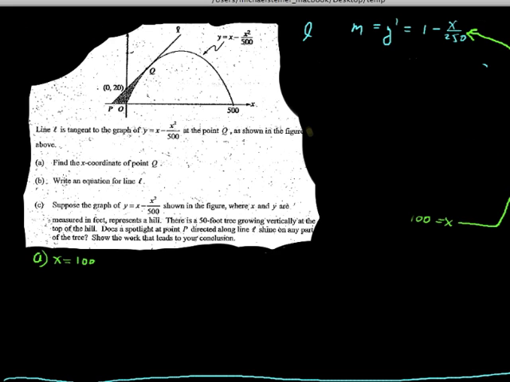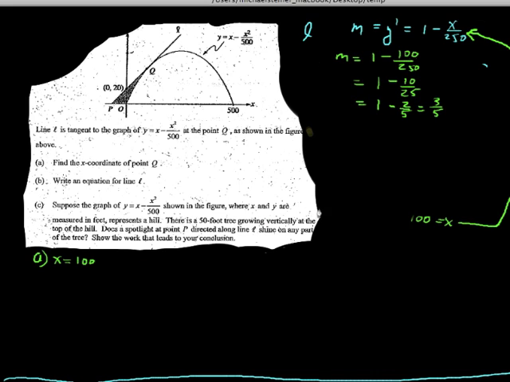And we get slope is equal to 1 minus 100 over 250. Let's just do this, 1 minus 10 over 25. And that's equal to 1 minus 2/5. So we have 3/5 as our slope.